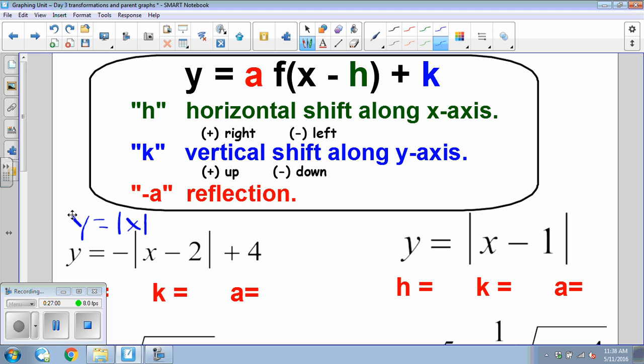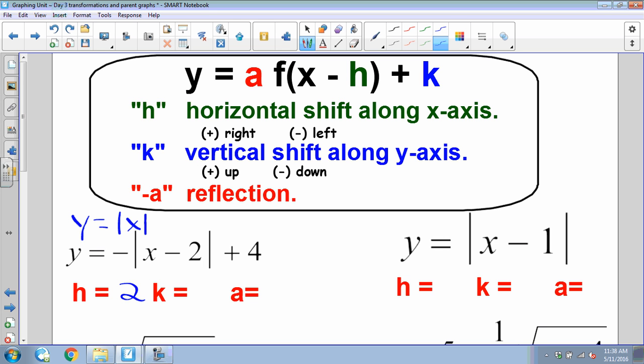Okay? When we're looking at this, what is h? It's positive 2, remember? Because in all of those forms, it's x minus h. So just like when we picked out the center and the vertex, it's always the opposite, right? So h is positive 2. Okay, so h represents your horizontal shift.